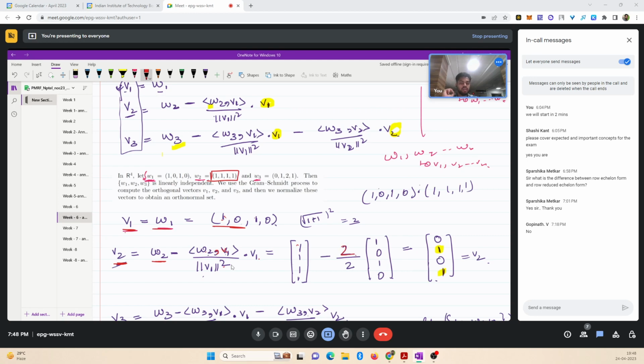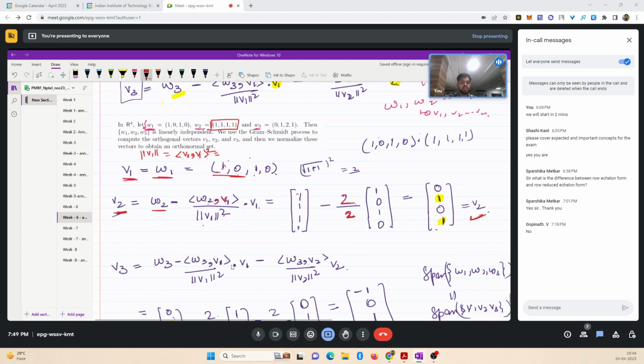And if you take just the norm of V1, that is V1 inner product with V1, this is 1 into 1 plus 0 plus 1 into 1, so again 2. Okay. So this is what we obtain, and then we obtain V2. Similarly, the calculation is done for V3.